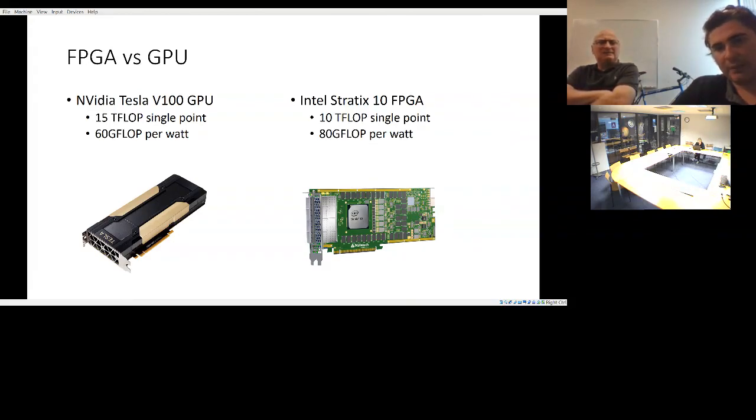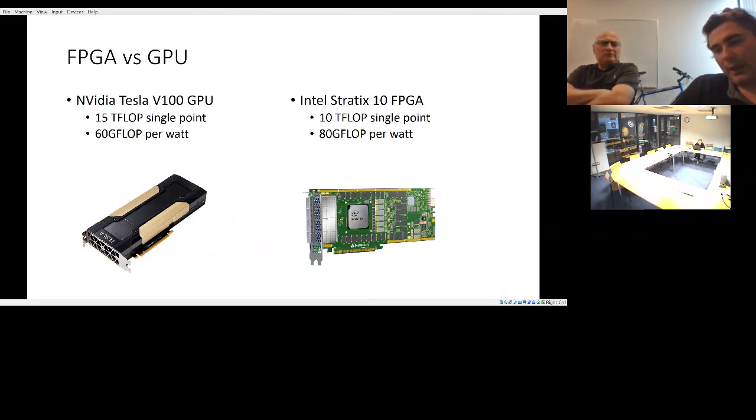This Intel Stratix FPGA can do 10 teraflops. So in terms of performance, it gets very close, about two-thirds of the speed. But at the same time, in terms of power efficiency, FPGAs beat GPUs even today. NVIDIA can do 60 gigaflops per watt, and FPGA can do 80 gigaflops per watt.